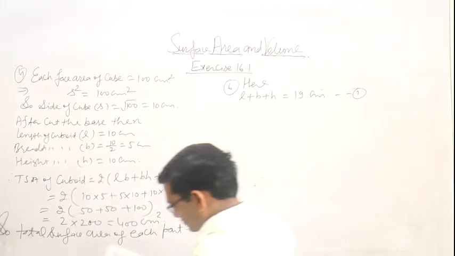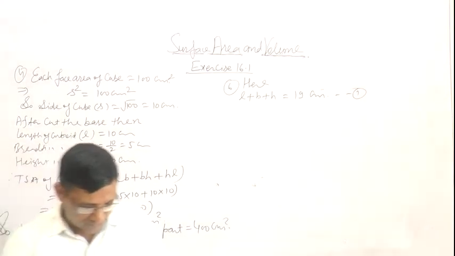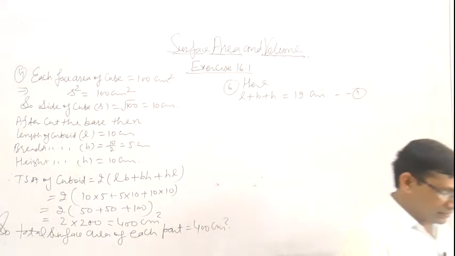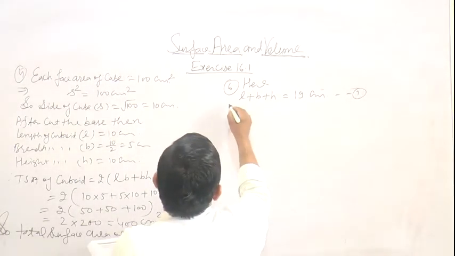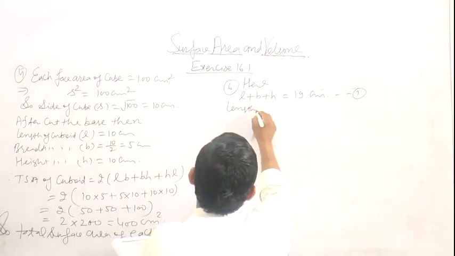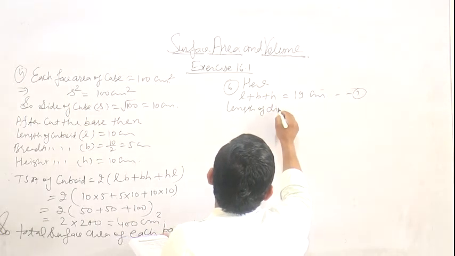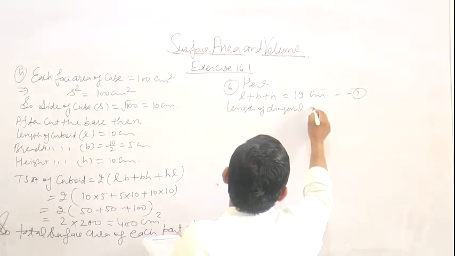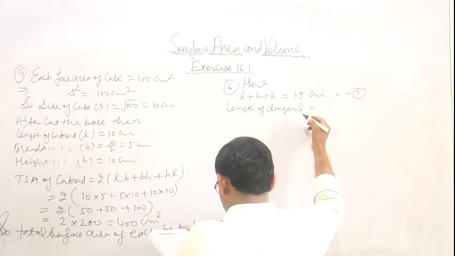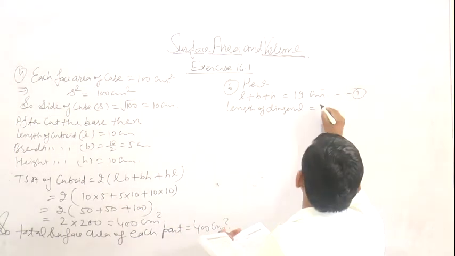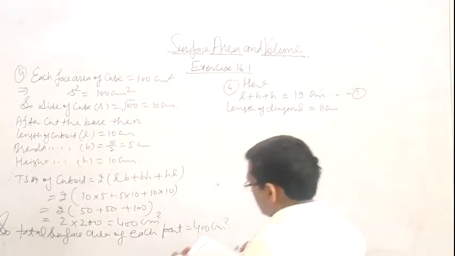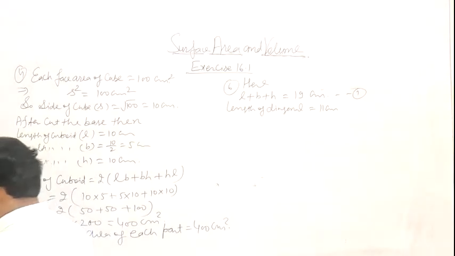Second condition is, and length of its diagonal is 11 centimeter. Find the total surface area of cuboid.